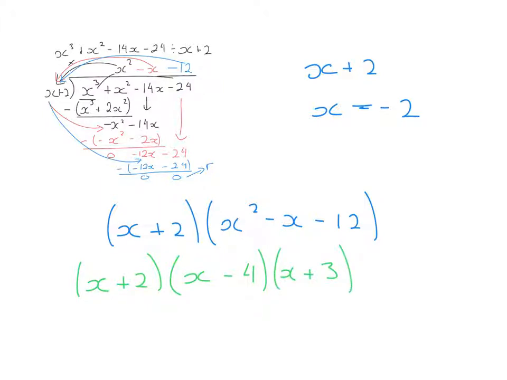So suddenly I've taken my original cubic, and to find the x-intercepts I've started with long division to break it into a linear and a quadratic, and then I've taken the quadratic result and factorized that by sight. This means that I've now got 3 x-intercepts for my cubic. So this is the reason why long division is so important, particularly for powers higher than 2, or cubics, quartics, and so on. All right?